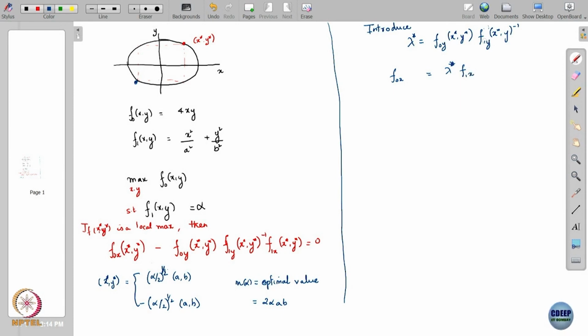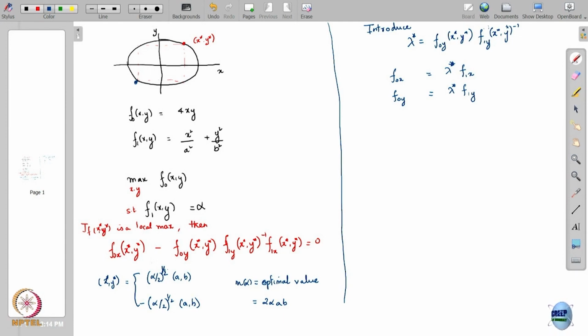and this same equation that I have written here, the blue equation, I can take f1 y of x star y star inverse to the other side and write it in this form. That will give me f0 y equals lambda star of f1 y.